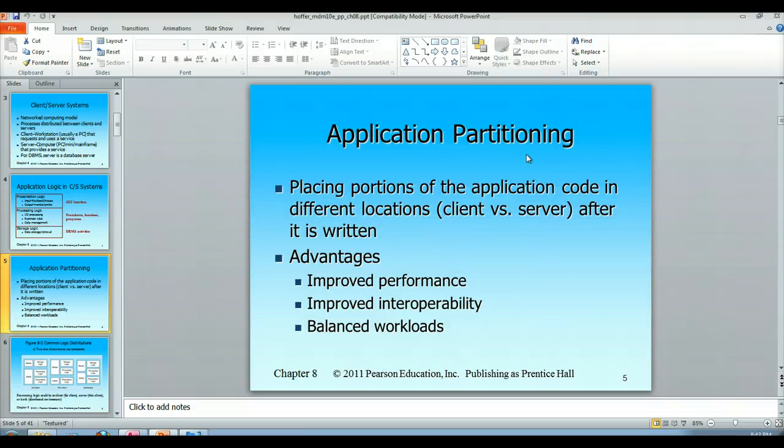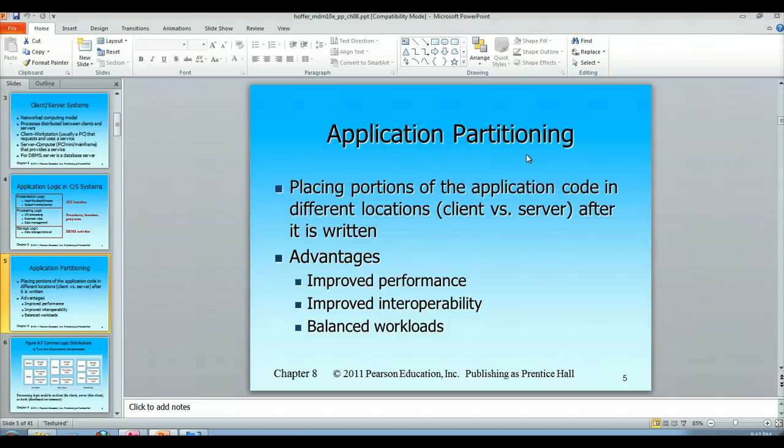So then we talk about application partitioning, and this is where we're talking about the amount of processing that's either done on the client side or on the server side. So it's actually the place where the application code gets executed.